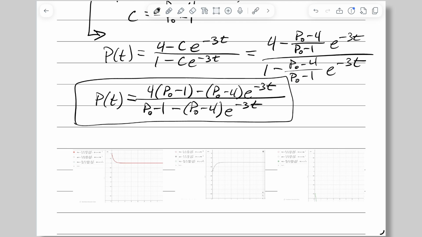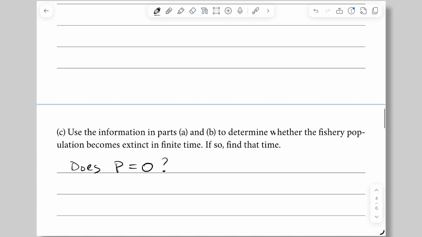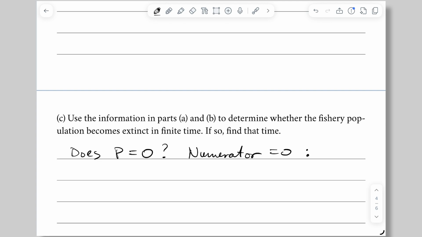So using the numerator equals 0 and algebra is going to give us that t equals negative 1/3 times the natural log of the quantity 4 times (P naught minus 1) divided by (P naught minus 4). It only applies for P naught between 0 and 1, but for a particular P naught, you can find out how long the population will last.